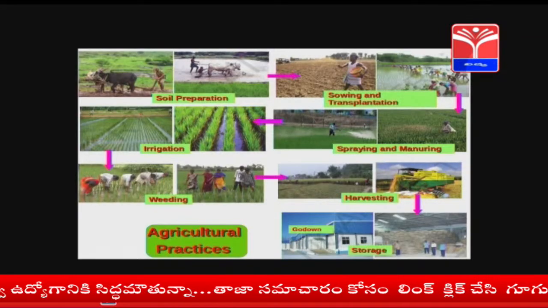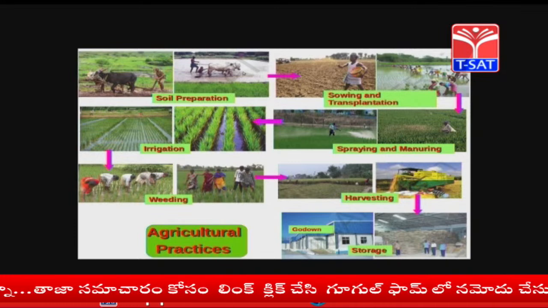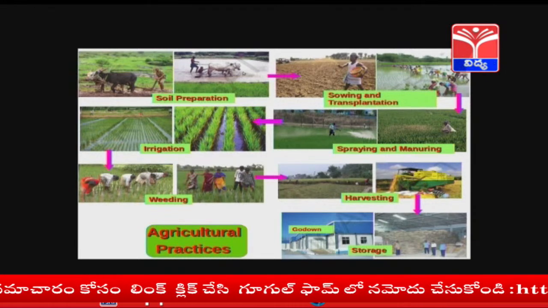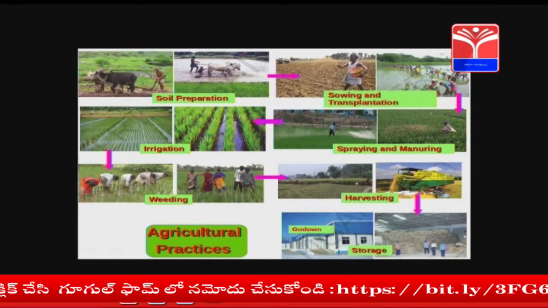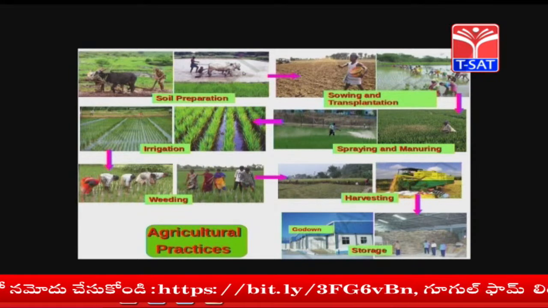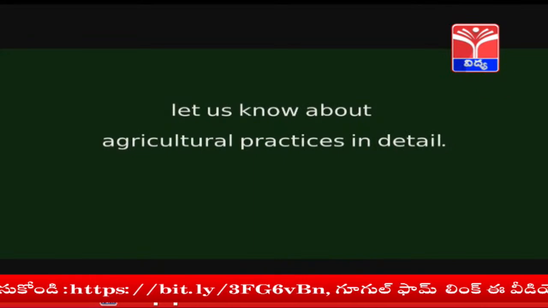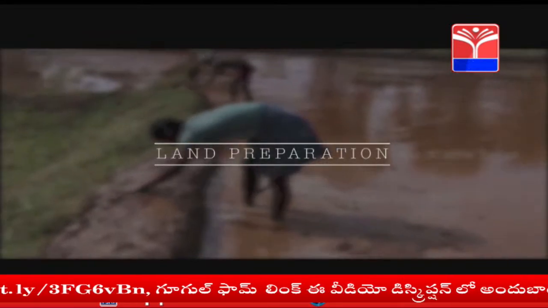See here the steps in crop harvesting: soil preparation, sowing and transplantation, spraying and manuring, irrigation, weeding, harvesting and storage of grains. All these are agricultural practices. Let us know about the agricultural practices in detail. Land preparation.